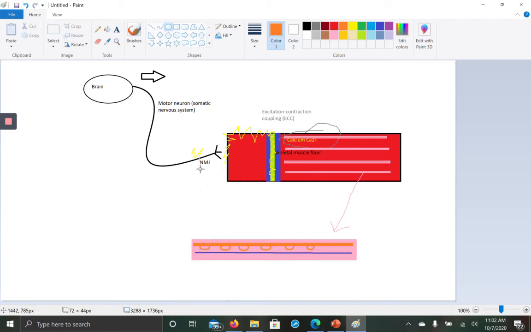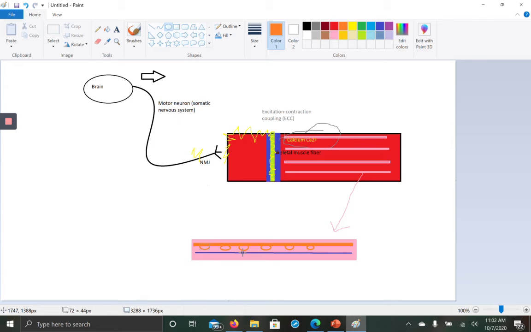So we have the neuromuscular junction, where the electricity jumps to the sarcoplasm. The electricity allows for calcium release when the electricity goes through the T-tubule and tells the sarcoplasmic reticulum to release calcium. Calcium then binds to troponin, which is around actin, moves troponin and tropomyosin out of the way, and now, because calcium bound to troponin, myosin can bind to the actin active site.